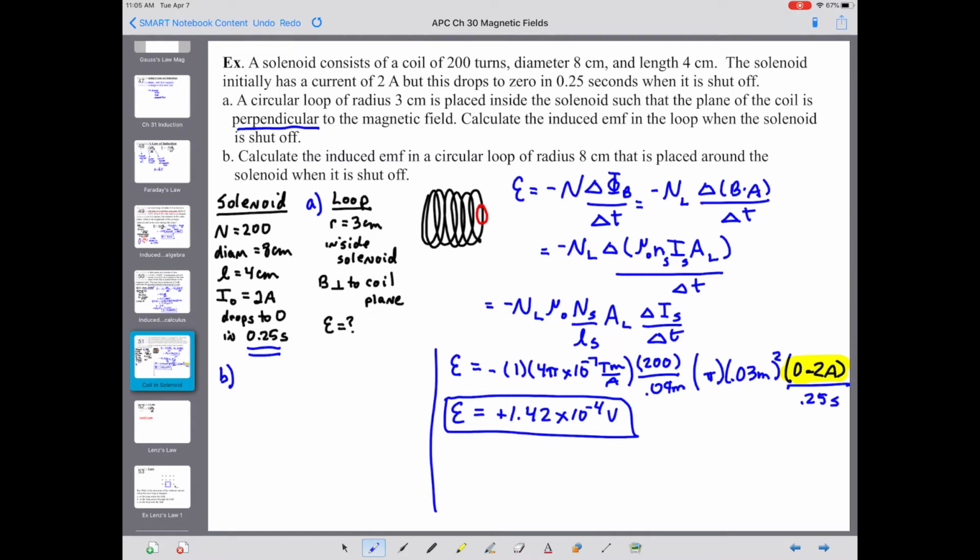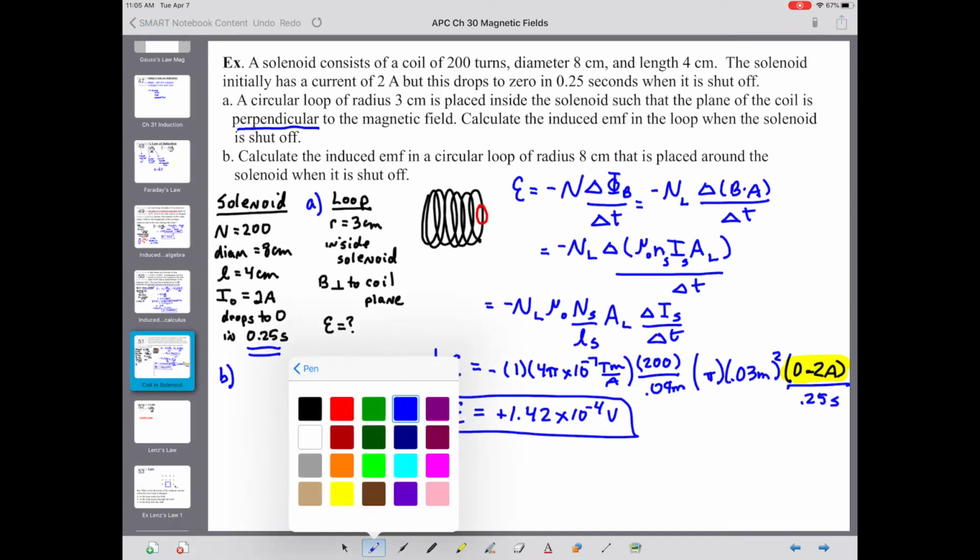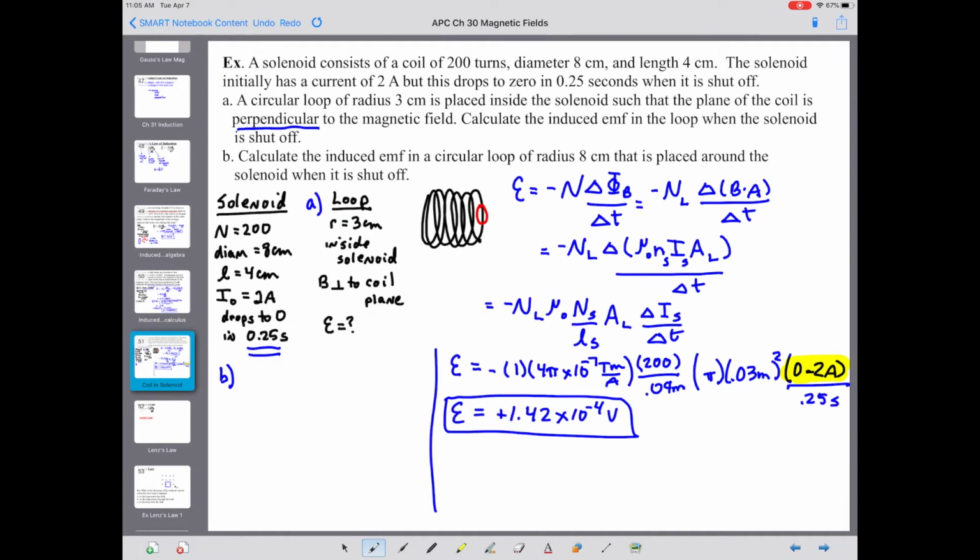Hopefully we can squeeze it in here. Calculate the induced EMF in a circular loop of radius 8 centimeters that is placed around the solenoid when it is shut off. First of all, we want to ponder what this is going to look like.